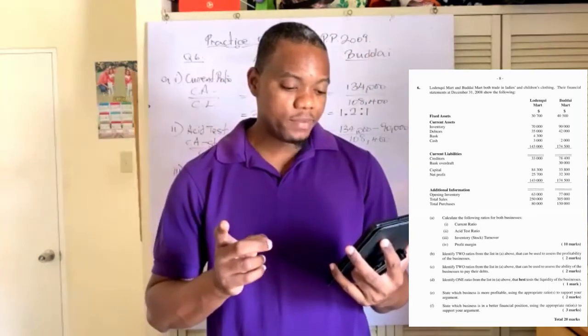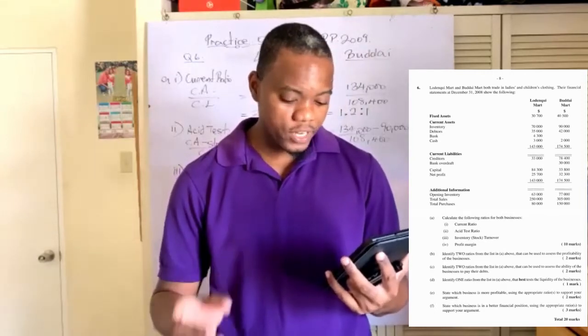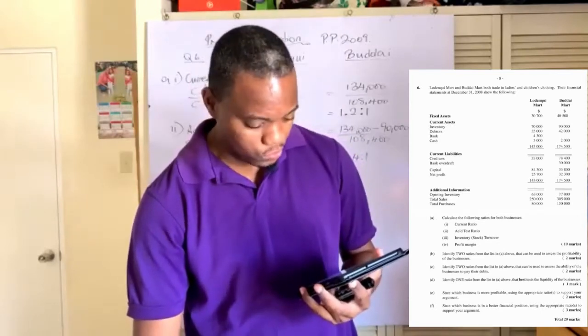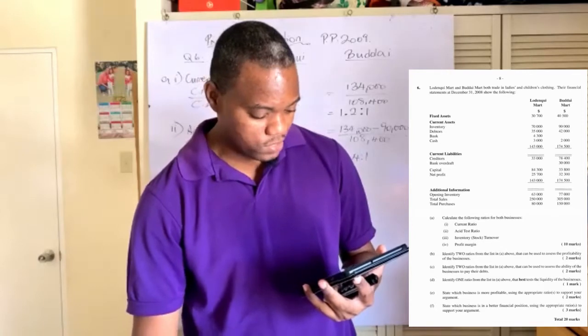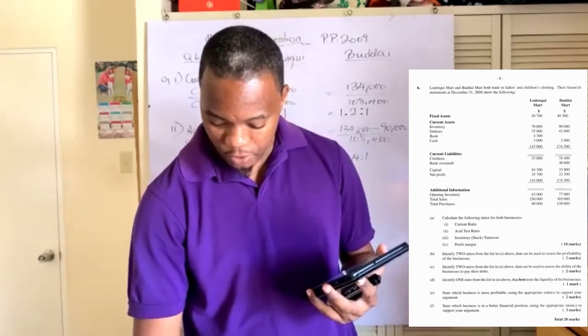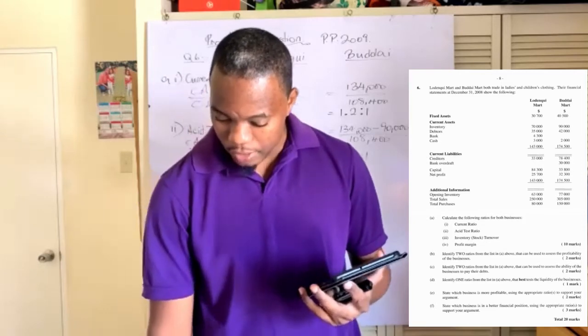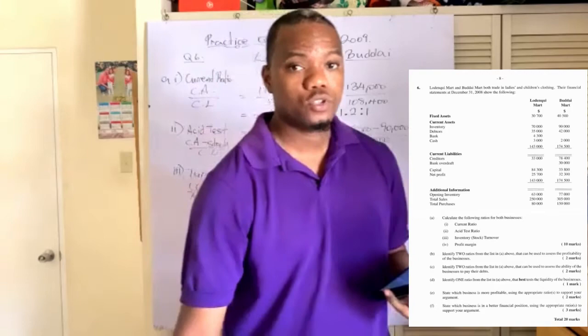Now let's do the same thing for Budai, before we start with the average. So for Budai, opening inventory is 77,000. So on your calculator, you type in 77,000 plus your purchases 150,000 equals 227,000. That is our cost of goods available.